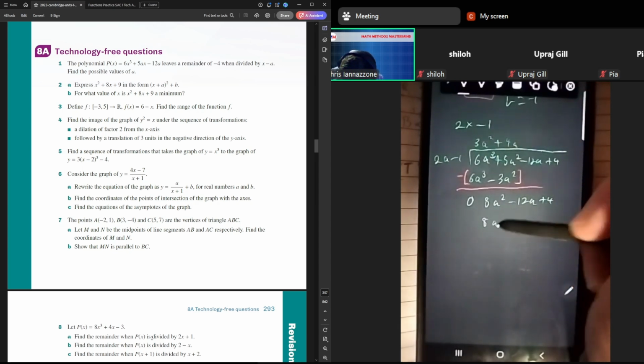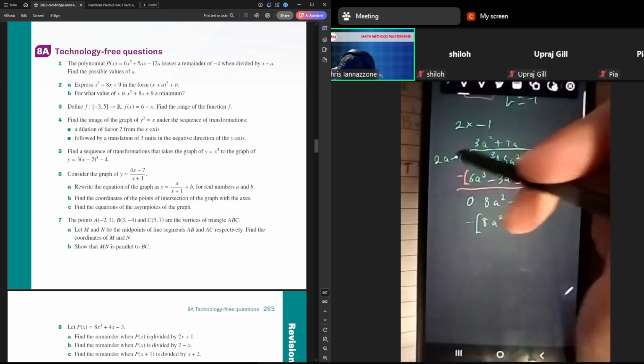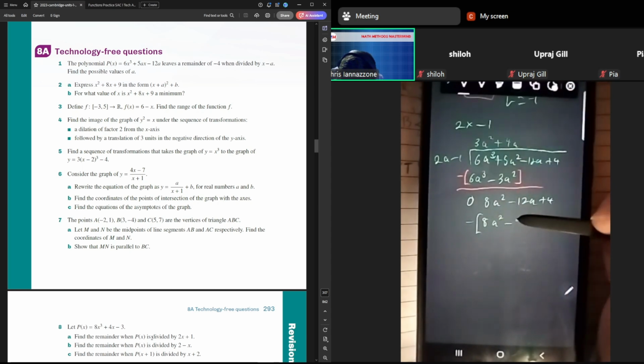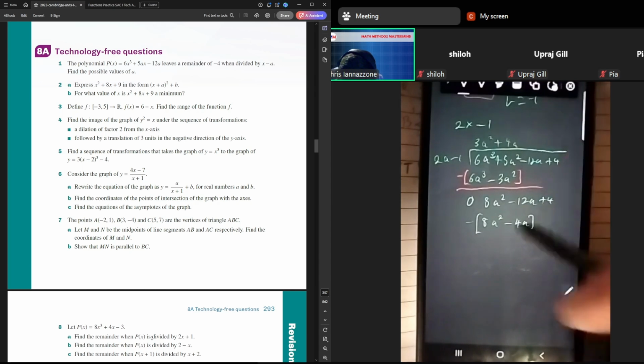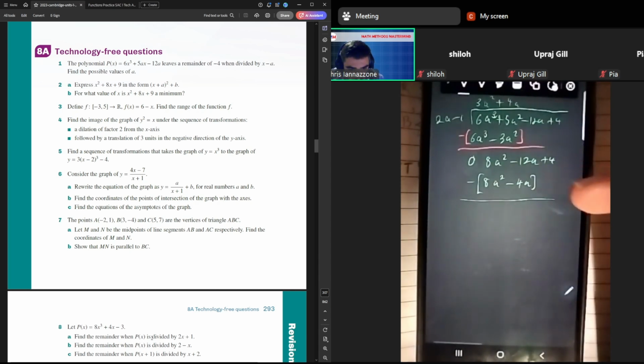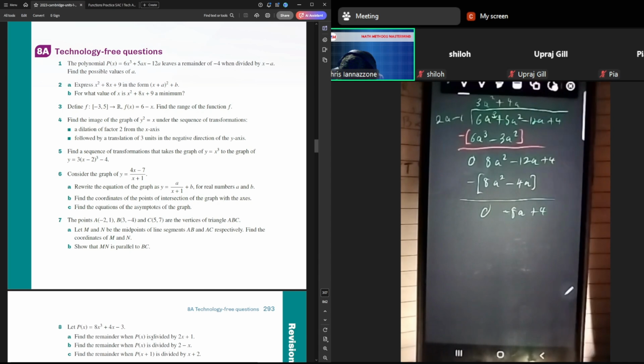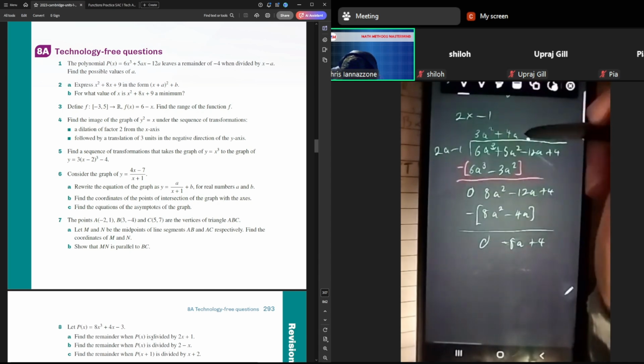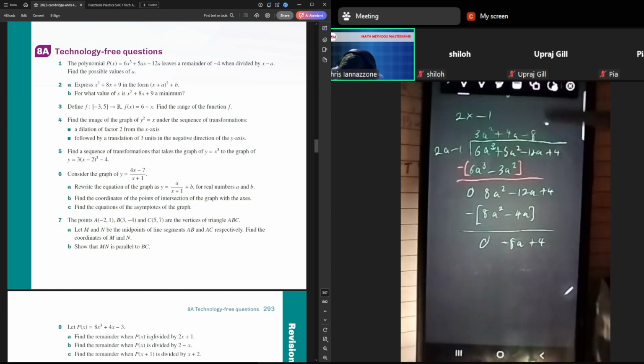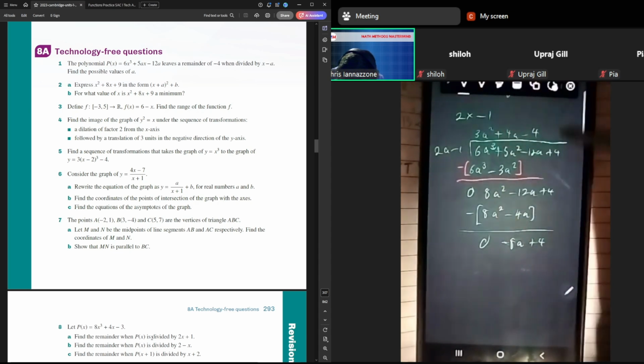So you're going to have 8a squared again. And then 4a is negative, so minus 4a. And then cancels, minus 12 minus minus 4 is going to give us minus 8a. Yeah, should be good because the negatives cancel. And then minus 8. Wait, no, sorry, it's 2a. So minus 4 up there after doing that division.